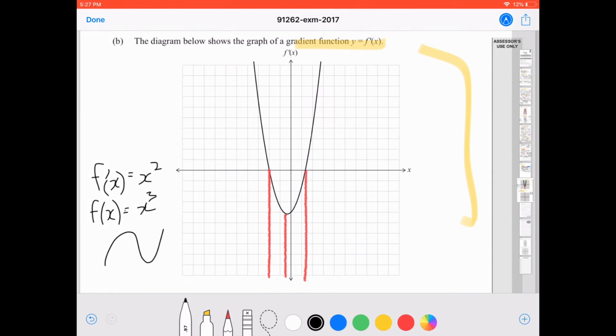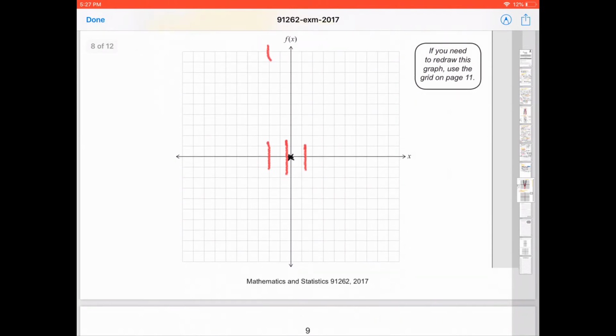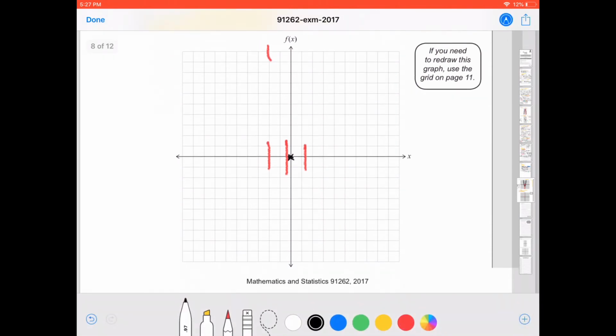Your turning points are where the gradient function crosses the x-axis, so there and there. Those are your turning points. So our function is going to look like this. What have we got?